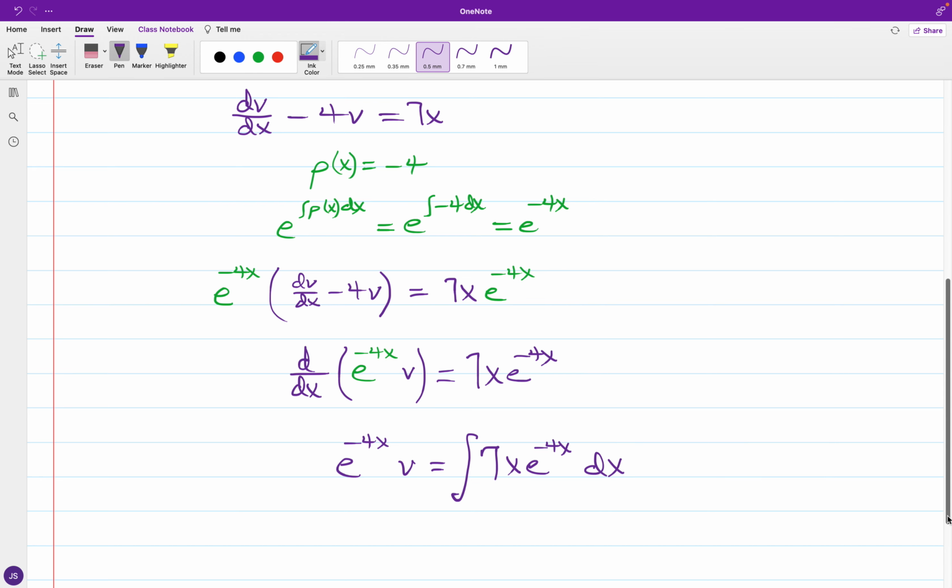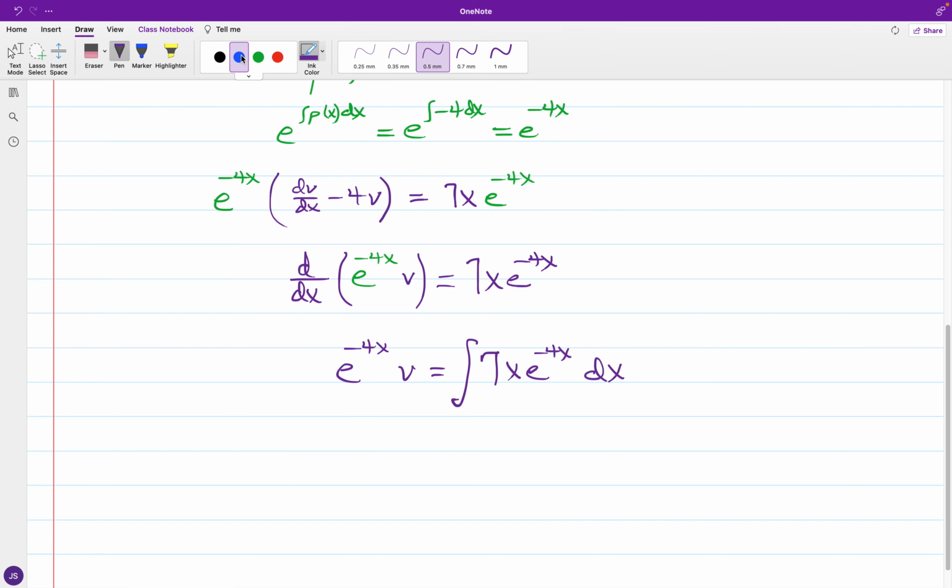And this is one of those where you're looking at integration by parts. So just noticing, we have 7x times e to the negative 4x dx.